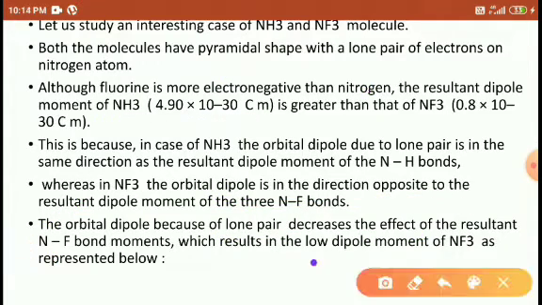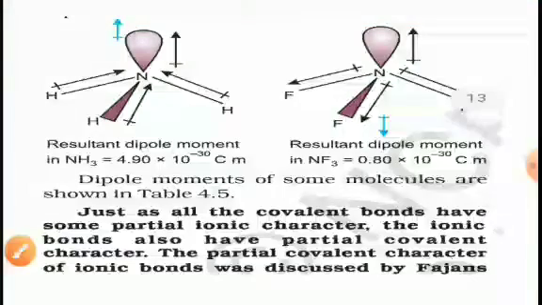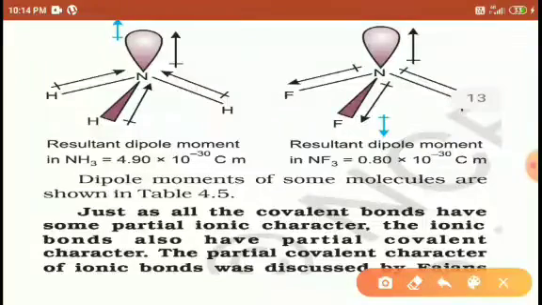It is represented like this, students: hydrogen positive, nitrogen negative, three times, and the lone pair also moving in the upward direction, so the dipole moment is away from the nitrogen.